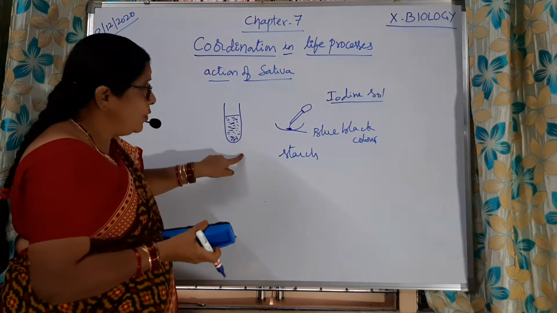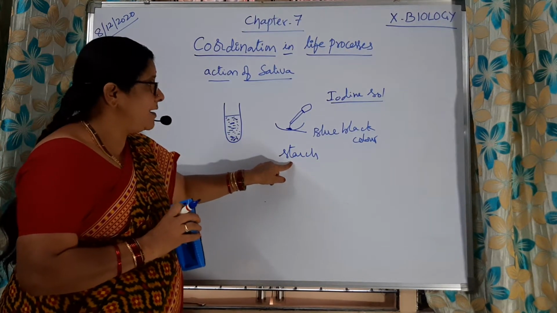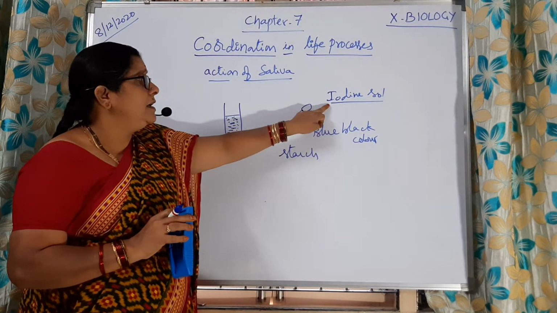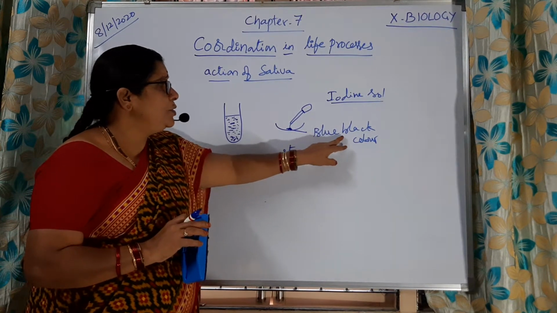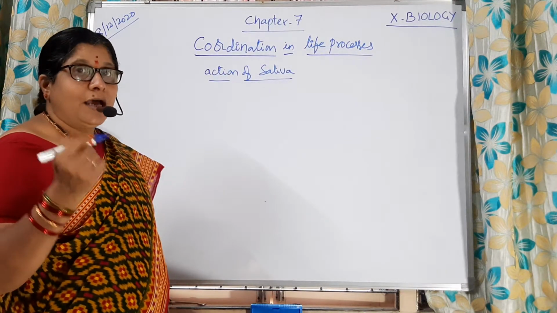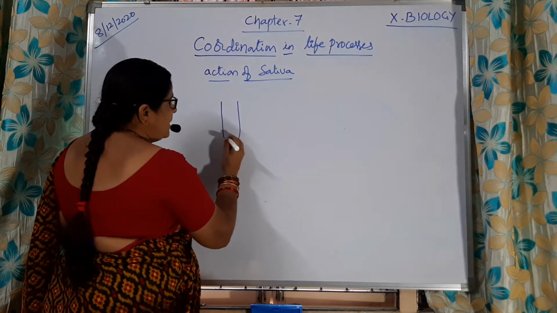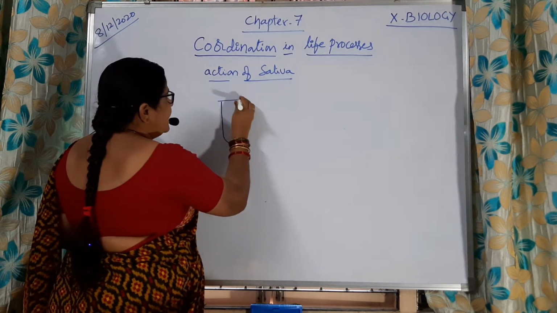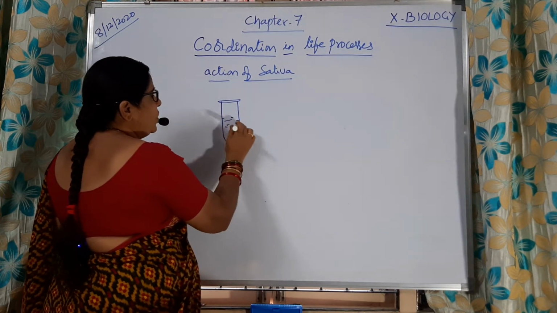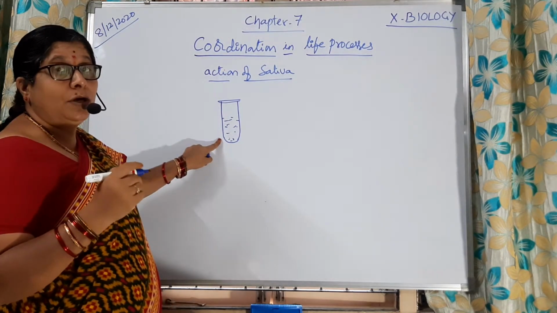We have done this activity to know whether starch is there or not, and we tested it with the help of the iodine test. We got the blue-black color, which indicated the presence of starch. Now the solution we made earlier by adding water and flour in a test tube, we have to divide into 2 equal halves.